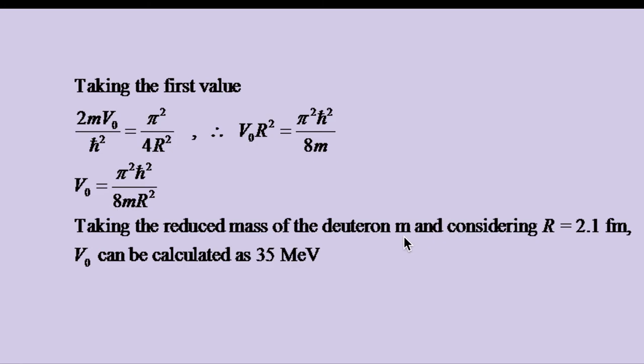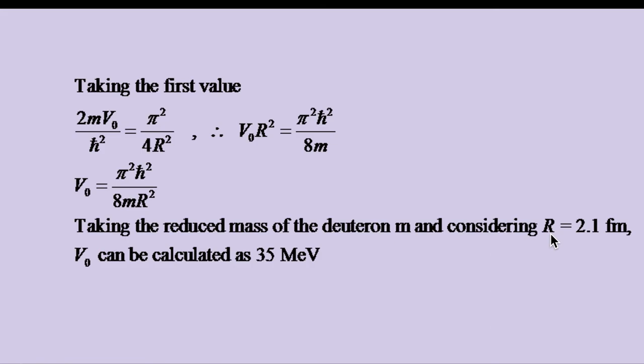Suppose m1 and m2 are the masses, it will be m1 m2 by m1 plus m2. And if you take the proton and neutron masses as approximately the same, the reduced mass will be equal to m by 2. You know the mass of proton as 1.00078 U. So it will be that value divided by 2. That will be the value of m.